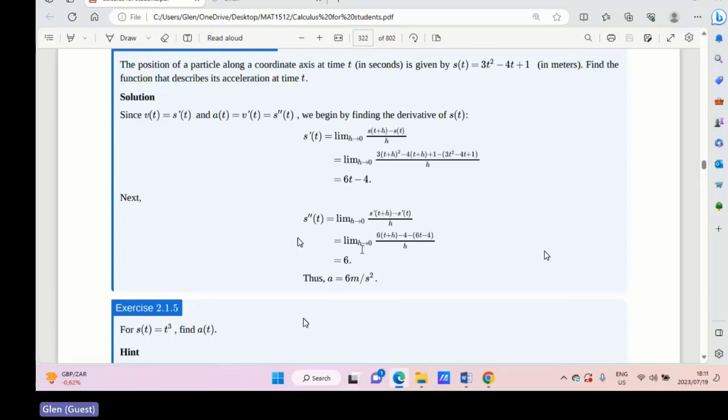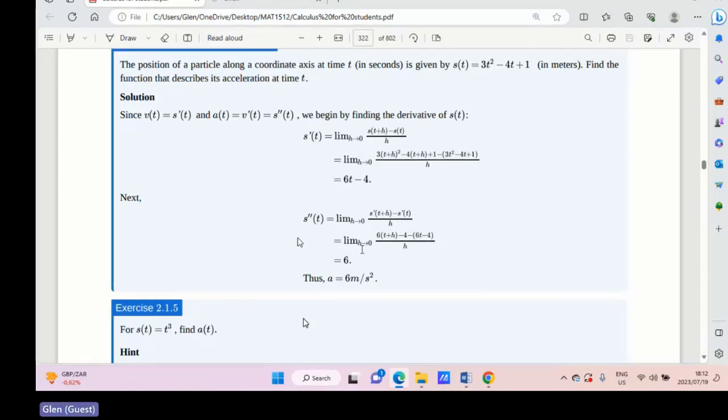Princess, what did you get? The final answer is 60. The second derivative, A of t, you found it to be 6t. Yes, sir. I also found 60. Bongani found 60, agree.